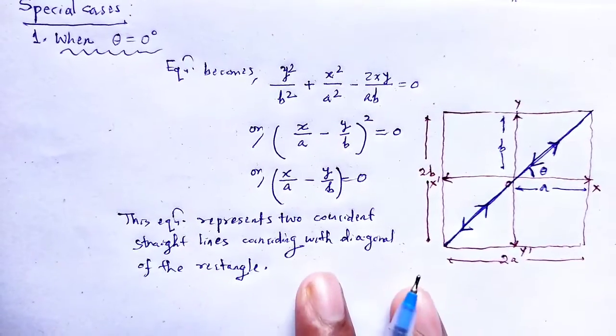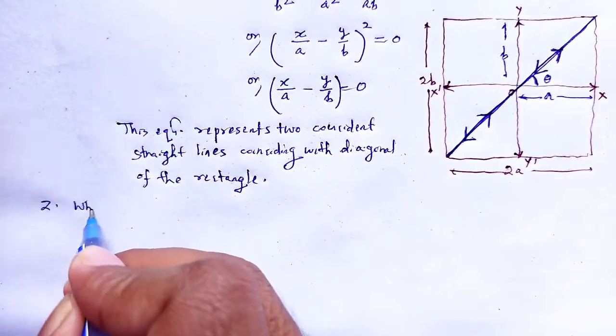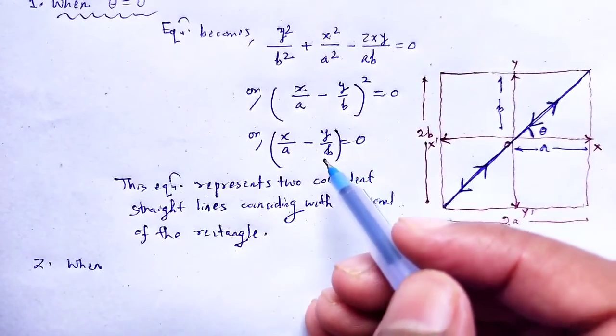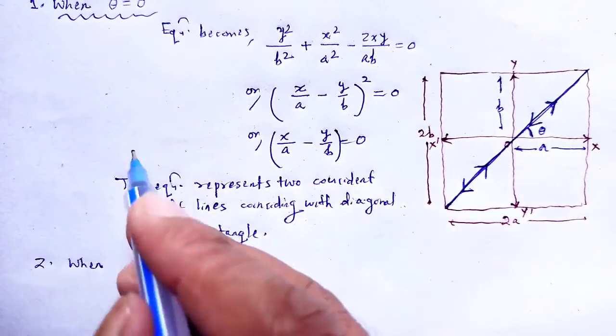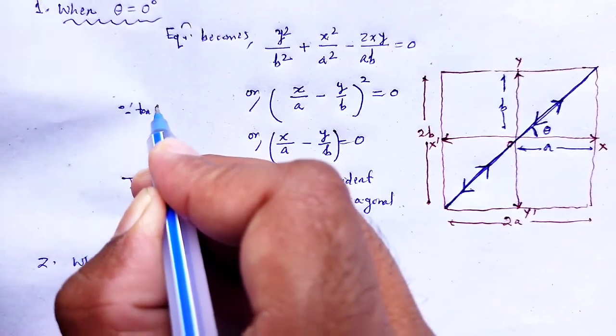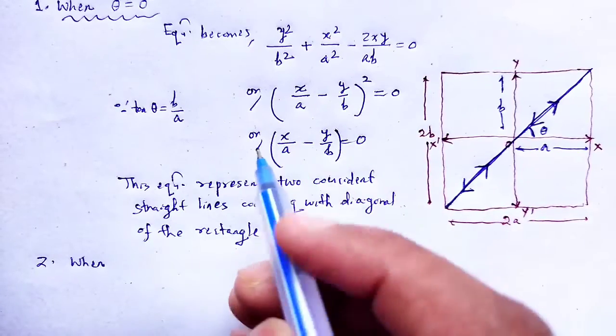Next condition, special case 2. In that case tan of theta is equal to b by a.